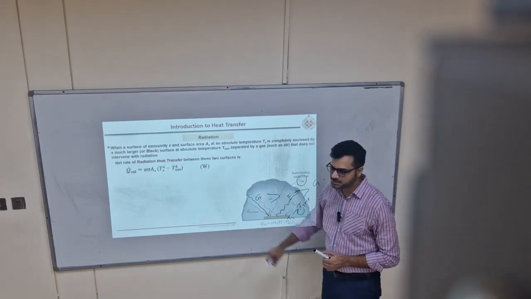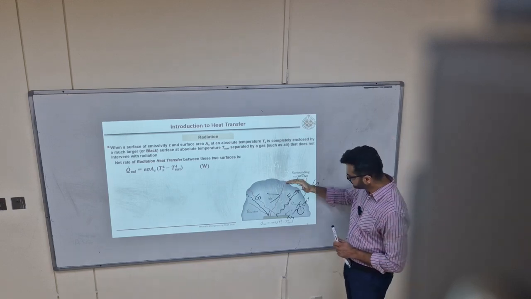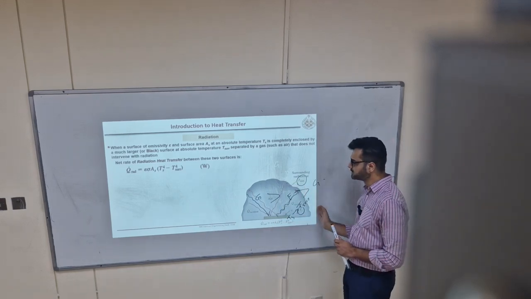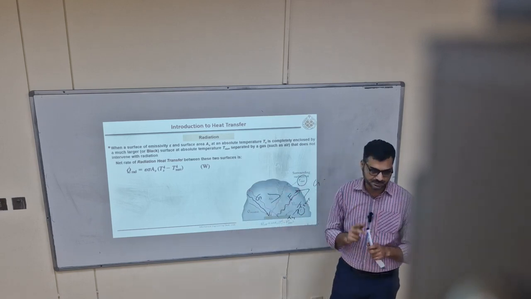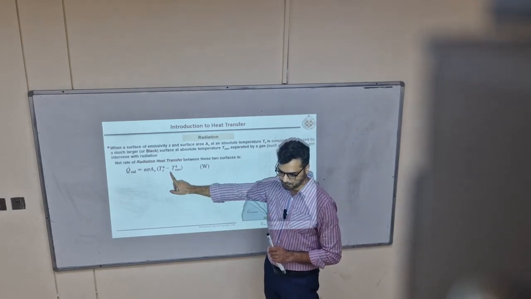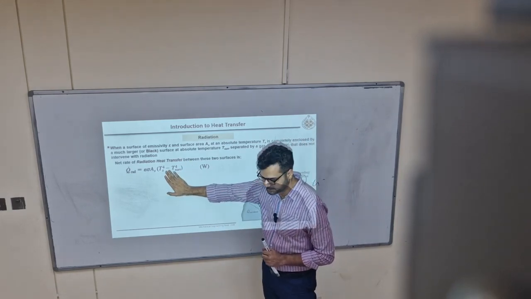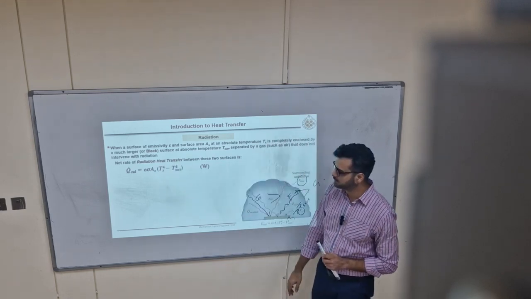So the net radiation heat exchange for such a case, where two surfaces are involved and one surface is completely surrounding the other one, now there are only two surfaces. In that case, the radiation heat exchange formula is this one. I'll give you the derivation in the next slide.